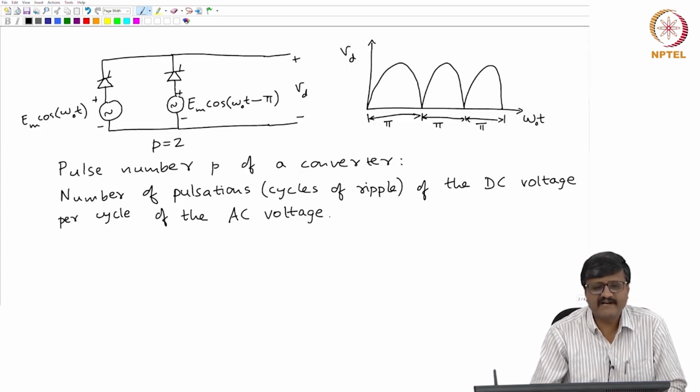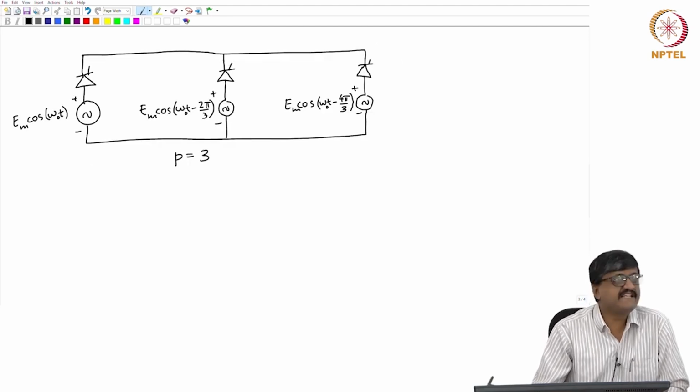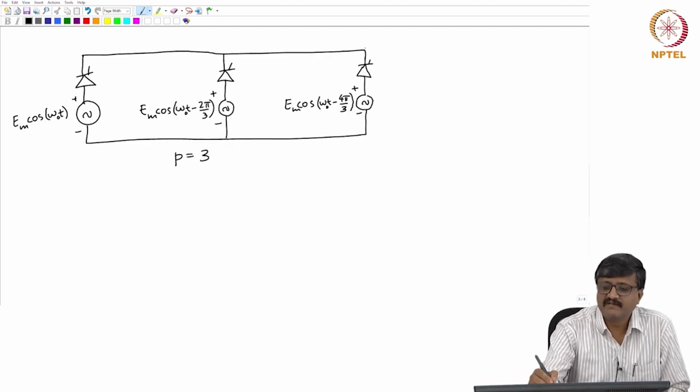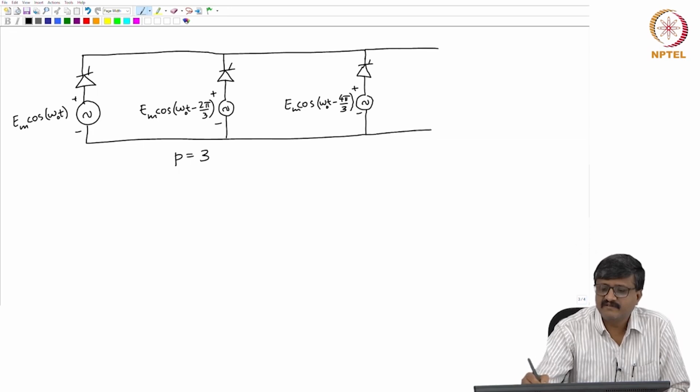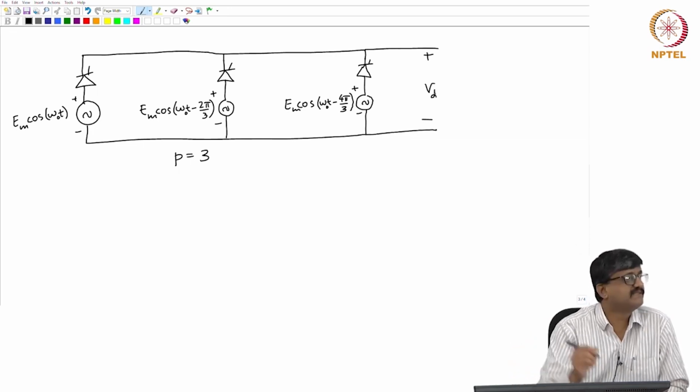Okay. So, for that we added one similar circuit in parallel, in fact an identical circuit, and in this case we have 3 such circuits in parallel. So, the DC side voltage is Vd, which is the voltage across these 2 terminals.